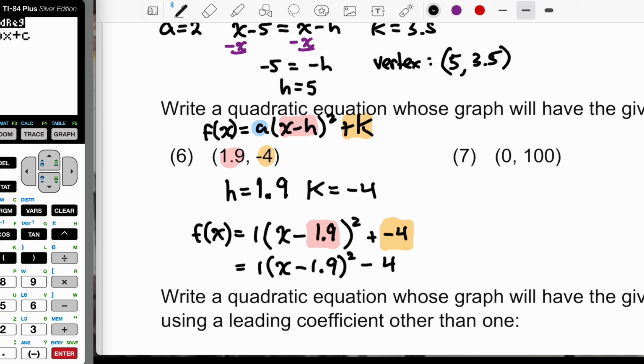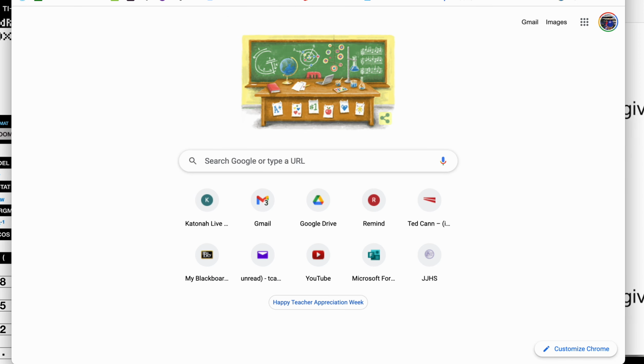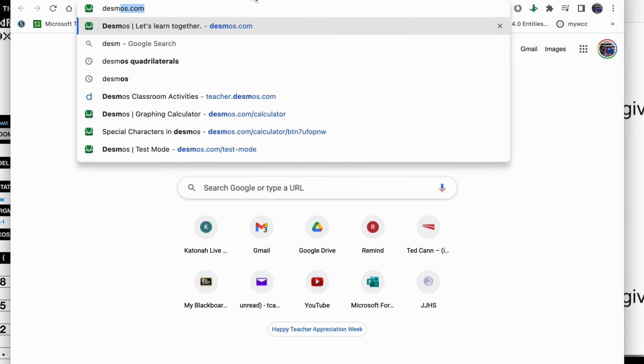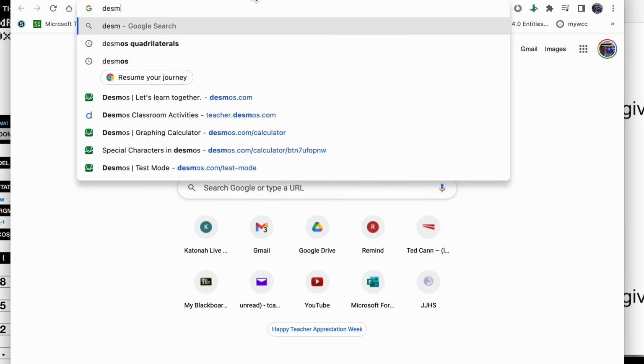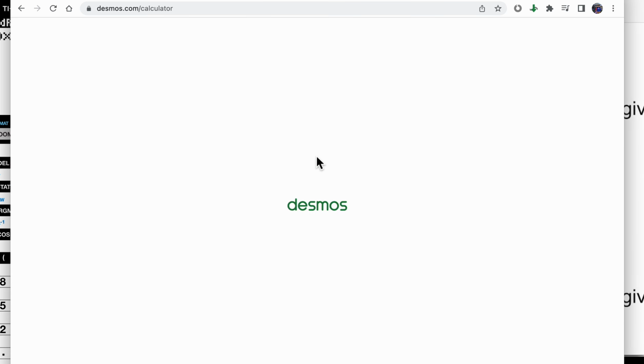All right. Now, just for a quick demonstration, I'm going to go to Desmos, but it's not for the purpose of doing the work. I just want to show you something that I think is kind of cool. Desmos.com.